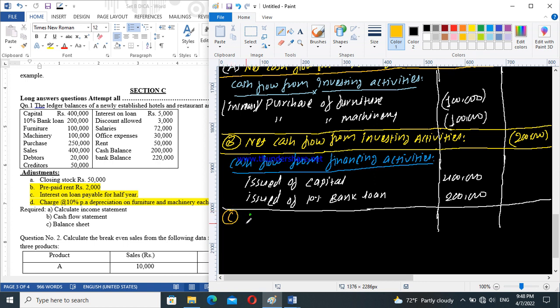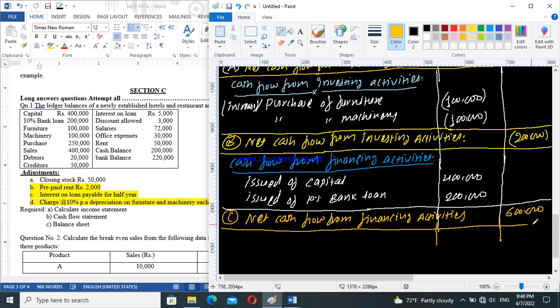C, net cash flow from financing activities. The value is 6 lakh. This value is positive. Therefore, net change in cash and cash equivalent is calculated from this operating, investing and financing, and you can find out the answer from above given information.